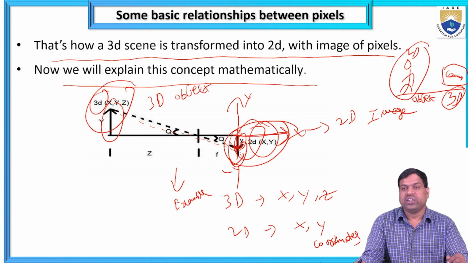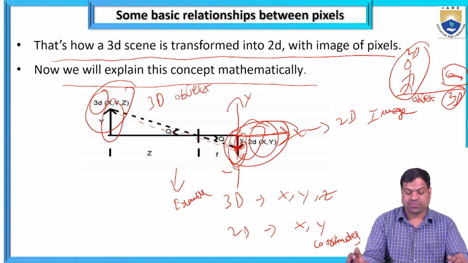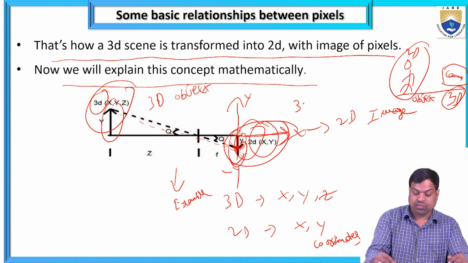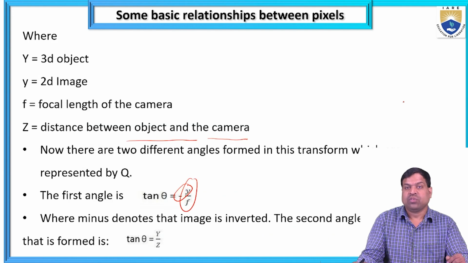It is a 3D to 2D conversion. What is the focal length formula? tan theta equals minus y by f.